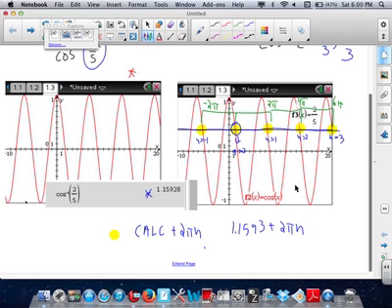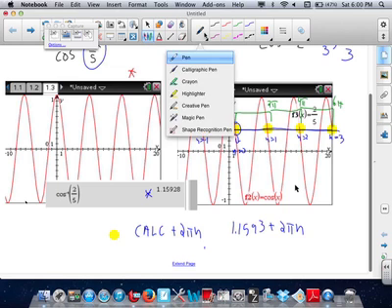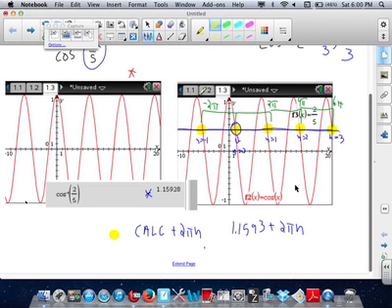Now you can see that we haven't talked about all of the intersections so far. We need to find some more. To find that second intersection point, since this is a cosine graph, it would be 2 pi minus the calculator answer.